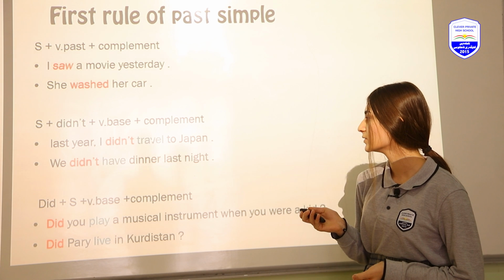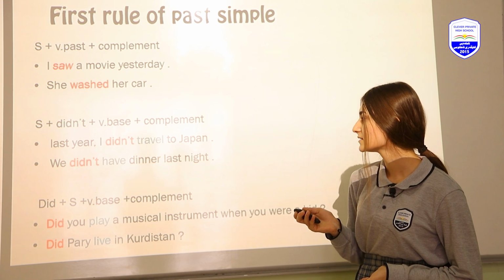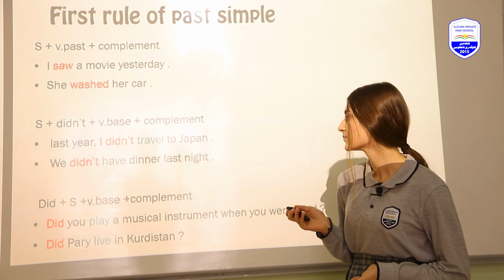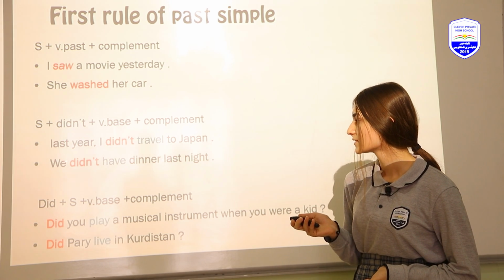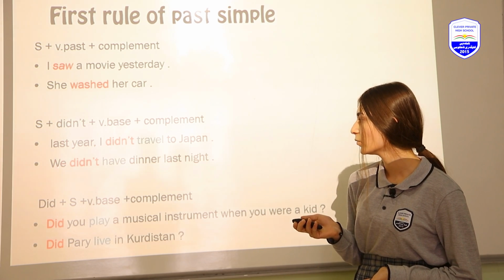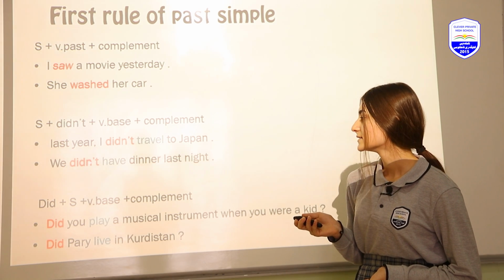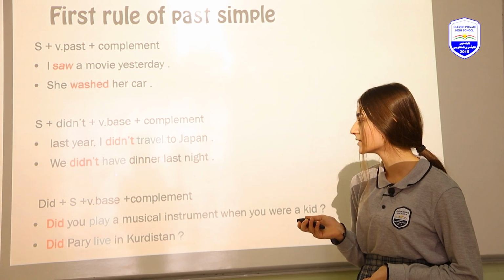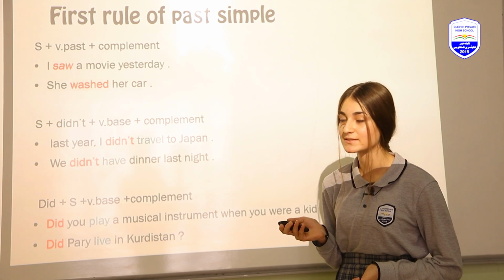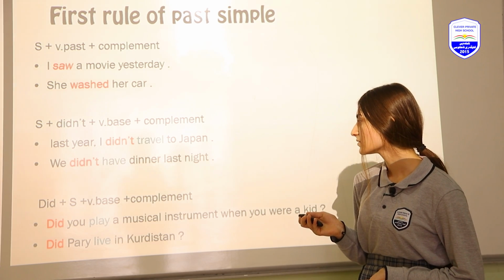In travel, we use the present form because we have didn't in the sentence. To Japan is the complement. Second example, we subject, didn't, have with a verb base because we have didn't. The dinner last night is the complement.